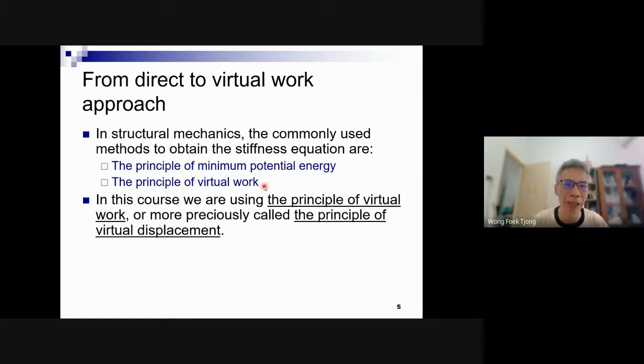Because we don't have time to talk about both. But I choose the second one because I think it's more general. Principle of total work or virtual displacement. Both methods can be used to formulate the finite element equally well, but I have to choose, and I choose in this course the second one.